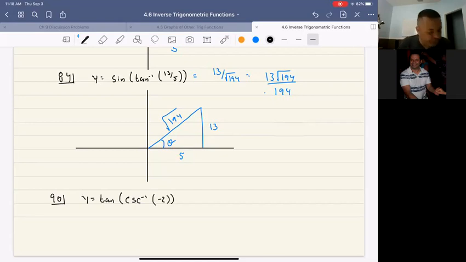Okay, so y equals tangent of the cosecant inverse of -2. Cosecant, remember, is 1 over sine, right?